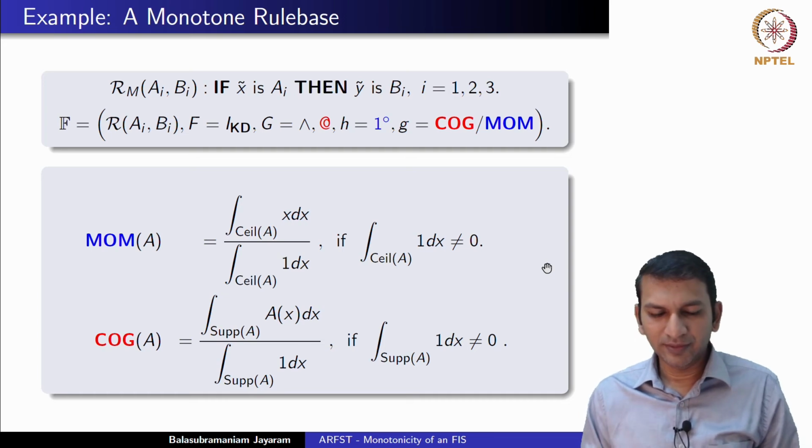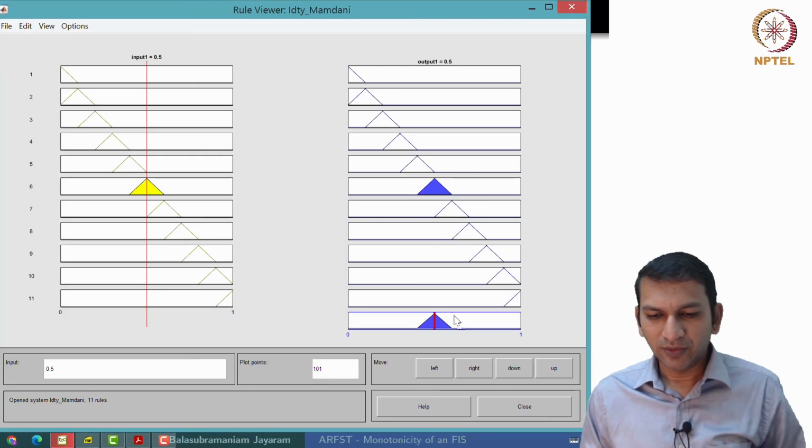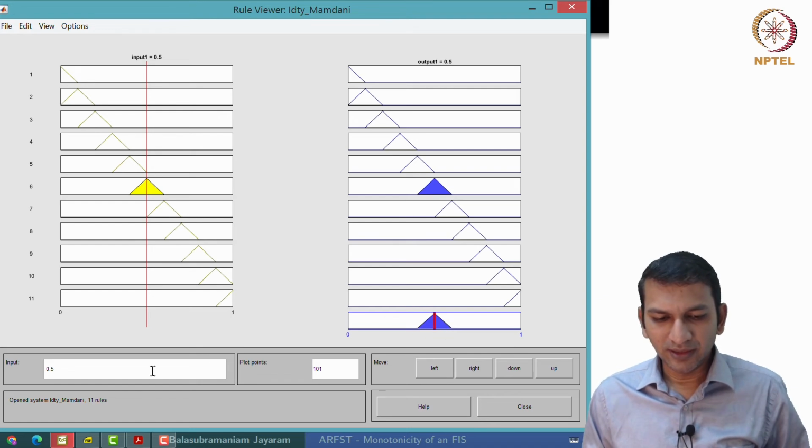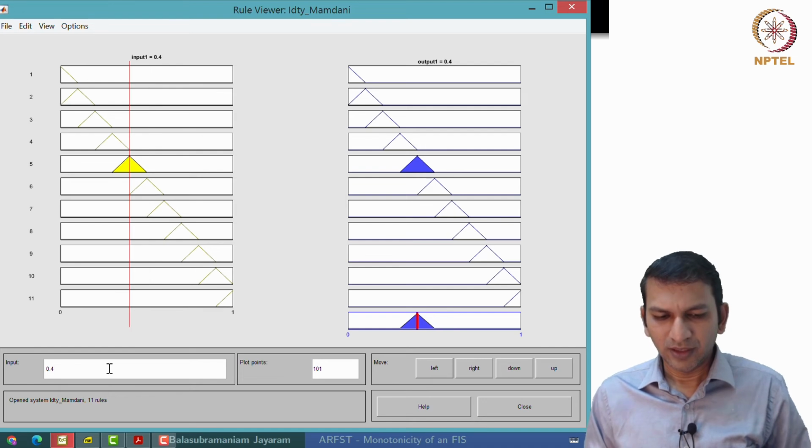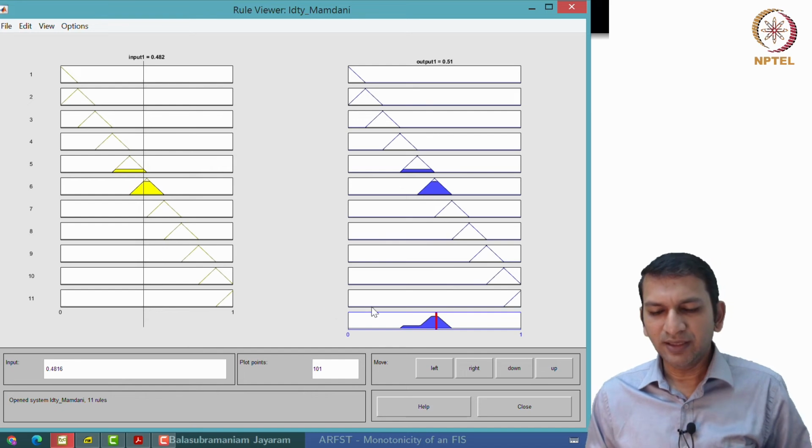So now in this case, when we see the output is here, we see that the maxima are here.